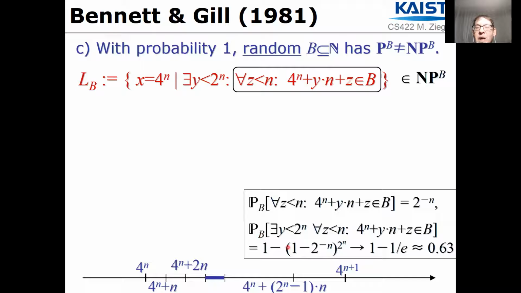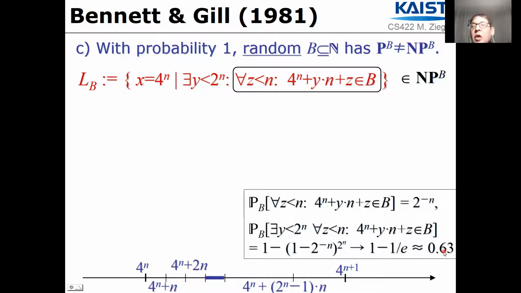And this is actually the formula for the series converging to the exponential function. So the exponent minus n translates to 1 over 2 to the n, and therefore this converges to 1 over e, and the 1 minus remains.